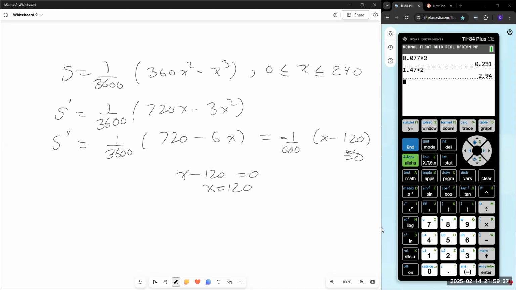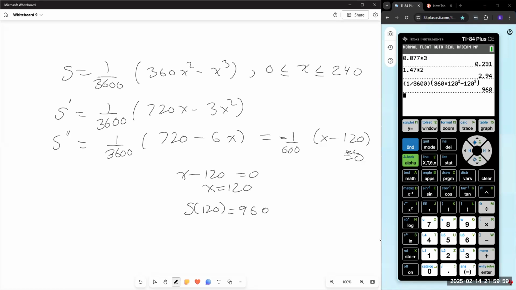Plug that back into the original here: 1 over 3,600 times 360 times 120 squared minus 120 to the third is going to give us S of 120 is 960.